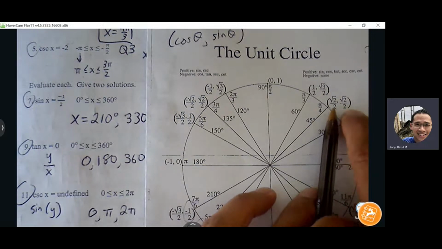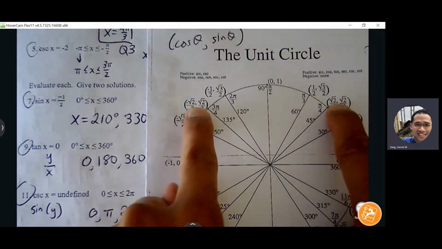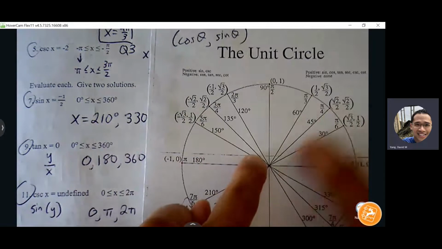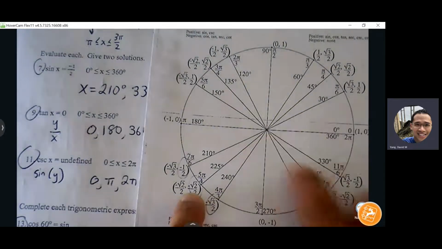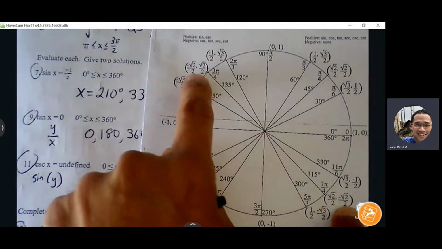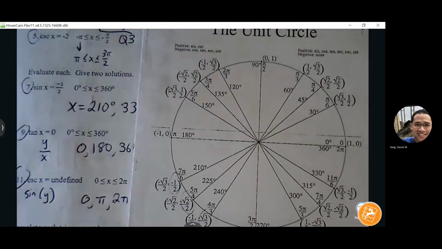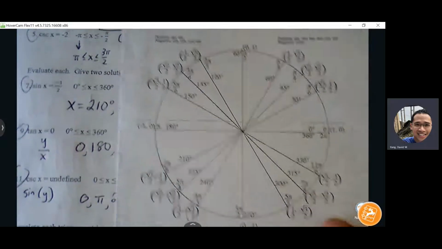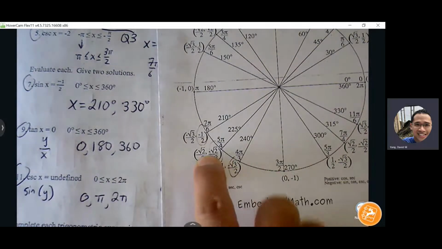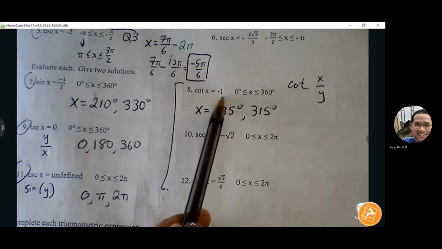So it's going to be 45, 135, 225, or 315. But I want a negative value, so it's going to be 135 or 315. Could it also be 225? What's wrong with 225? They're both negative, so it'll be positive, which is going to conflict with that.